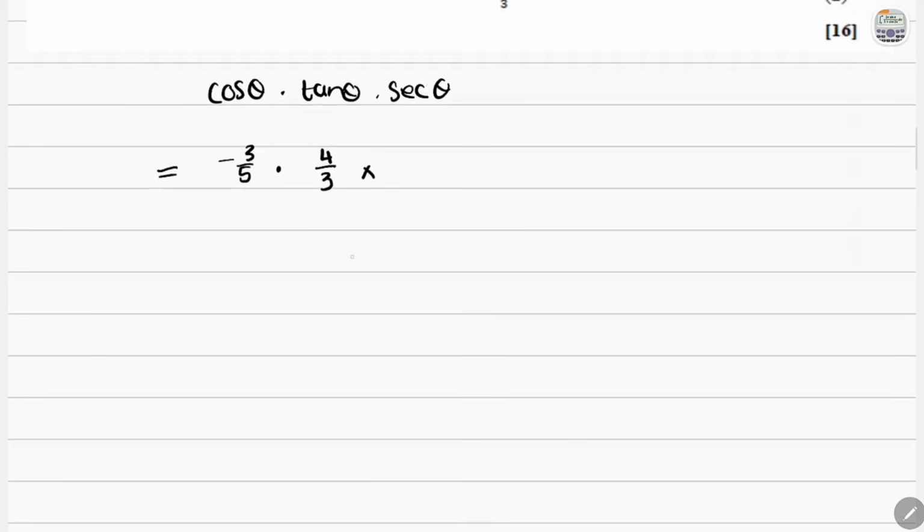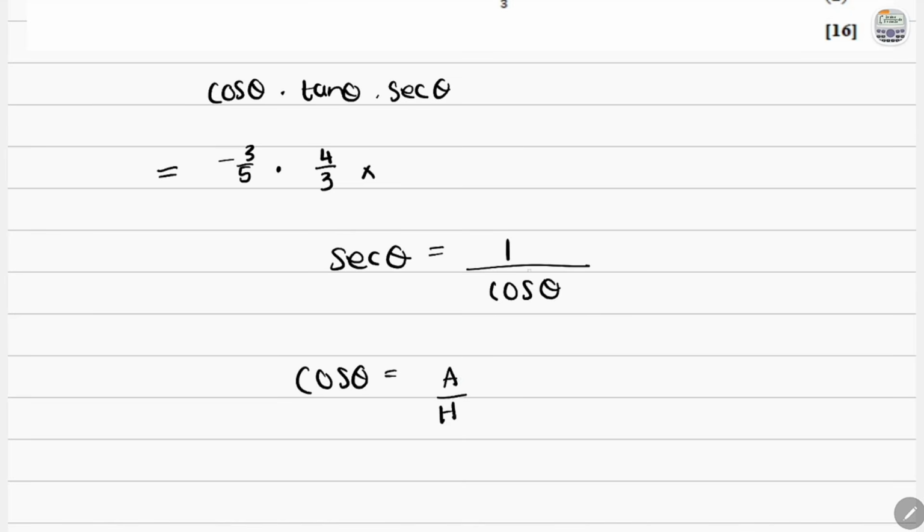Remember that secant theta is equal to 1 over cos theta. We would find cos theta by saying the adjacent side over the hypotenuse. Then we're saying 1 divided by cos theta, which we know is adjacent over hypotenuse. When you're dividing by a fraction, you can use tip and times to simplify this further.